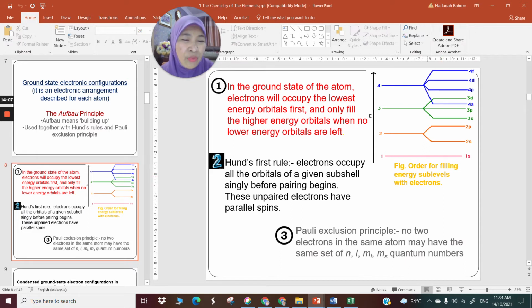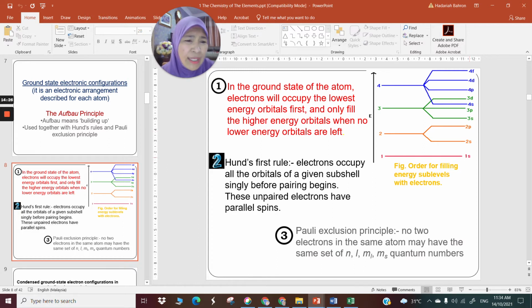So the order of filling of energy sublevels with electrons, you have 1s, 2s, and 2p. I don't know whether you have come up before this with s orbital, p orbital, d orbital. I'm not sure. Have you? I hope so.